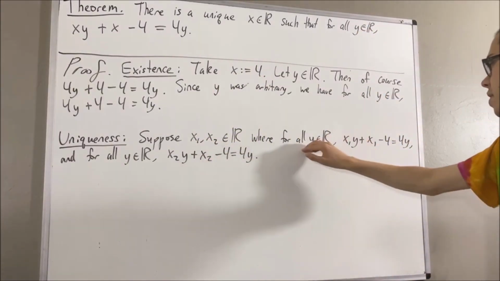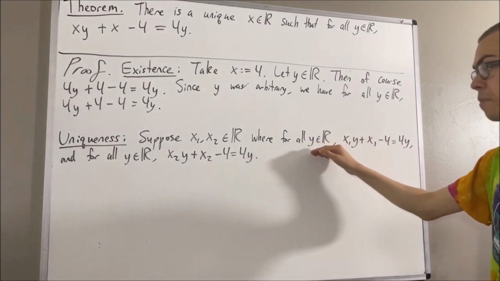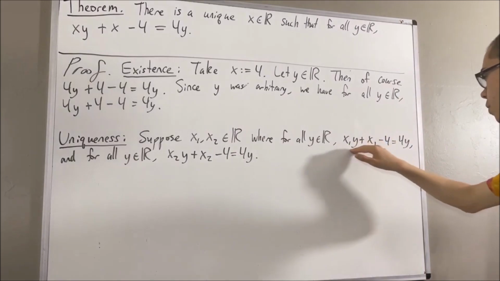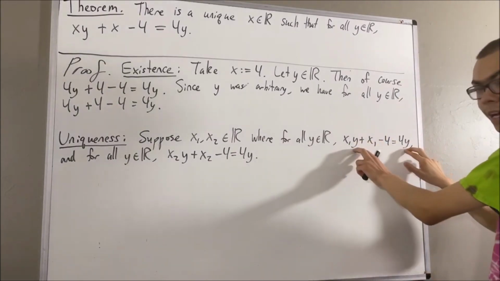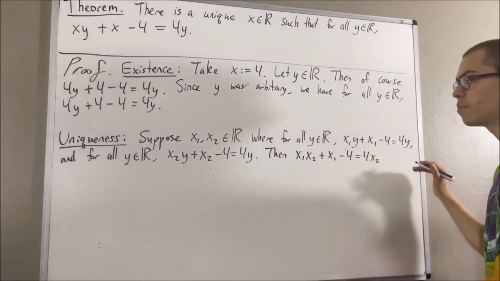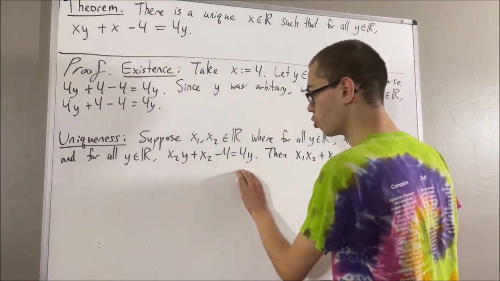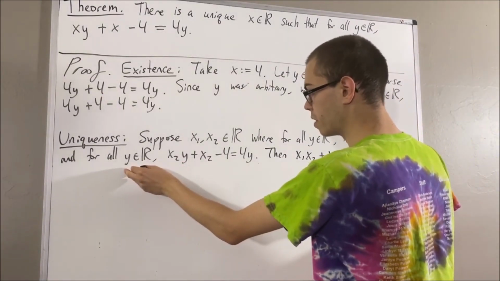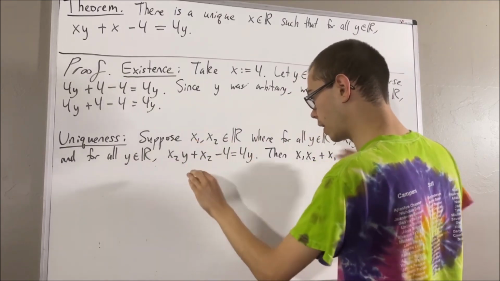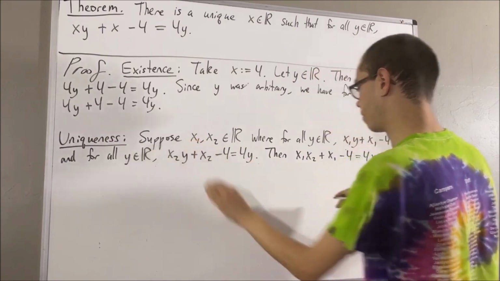Now, since this is true for all real numbers y, it must be true for the real number x2. So we'll take everywhere we see a y and substitute it for x2. And similarly, since this is true for all real numbers y, it must be true in particular for the real number x1. So we'll take everywhere we see a y and replace it with x1.